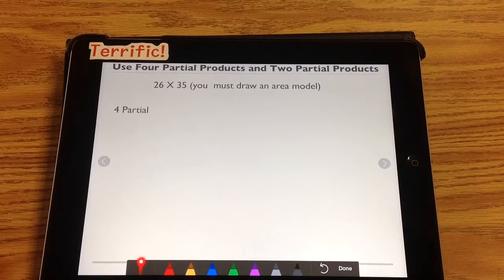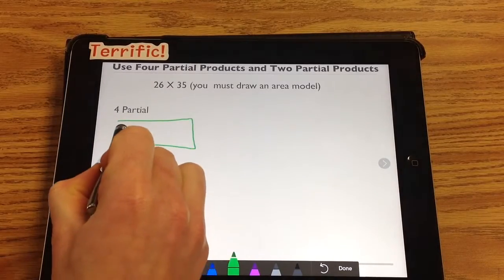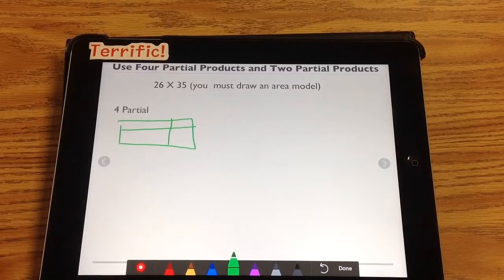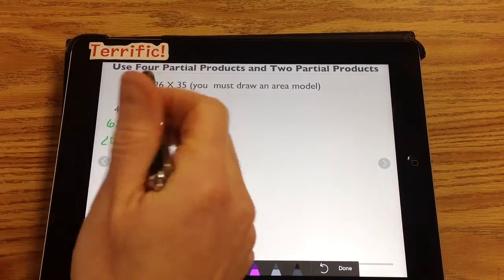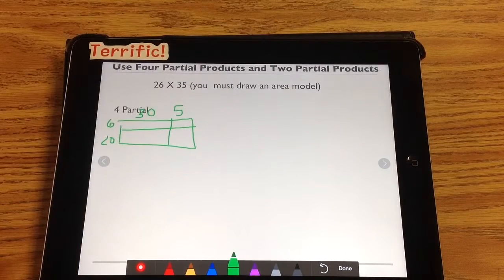So let's go ahead and draw it out first. It says we have to draw an area model, so we're going to do that. 26 breaks into 20 and 6. 35 breaks into 30 and 5. And we're going to walk through this without having to write all of that other stuff in the boxes.